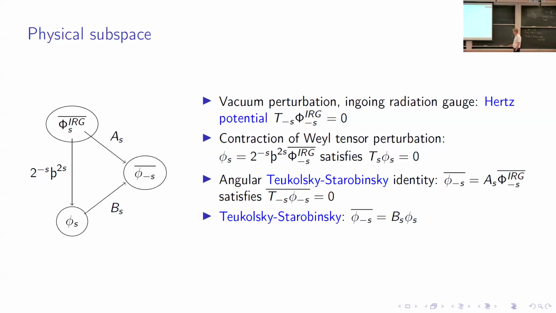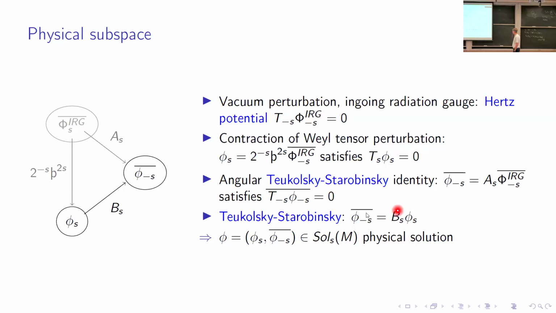So what we really do is the following: in the end, you get a relation between phi minus s and phi s, with this operator B s.